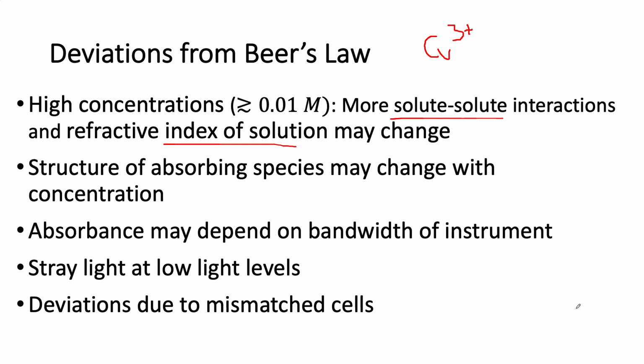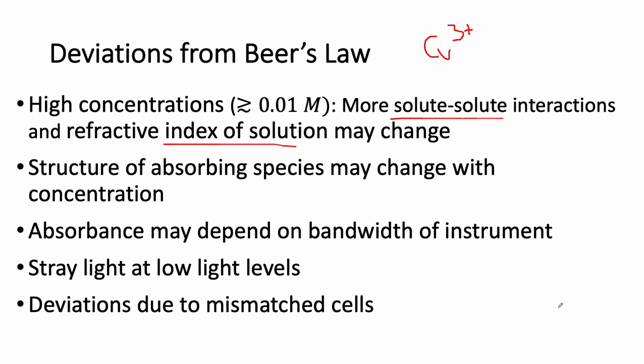The other thing that can happen is you're measuring the absorbance at a particular wavelength, but the instrument is not just measuring that one wavelength, because these spectrometers have what we call a bandwidth, they're measuring over some small range of wavelengths. If you change the range of wavelengths, it can actually change the average absorbance in that range.